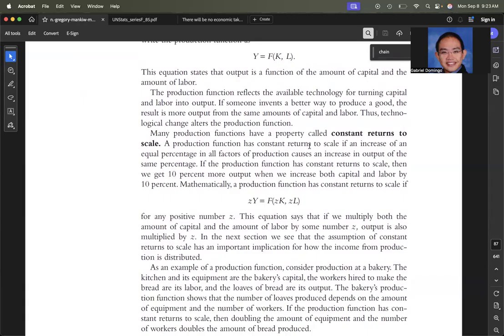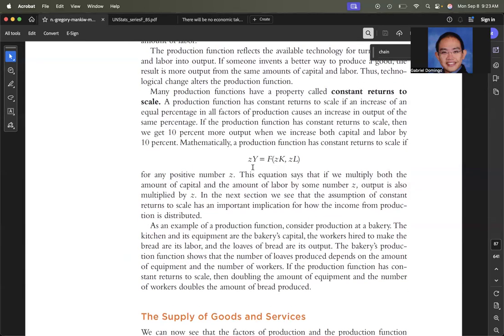A production function with constant returns to scale means that an increase of an equal percentage in all factors of production causes an increase in output of the same percentage. If the production function has constant returns to scale, then we get 10% more output when both capital and labor rise by 10%.